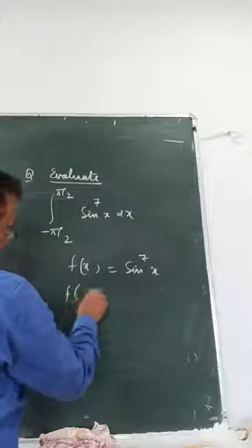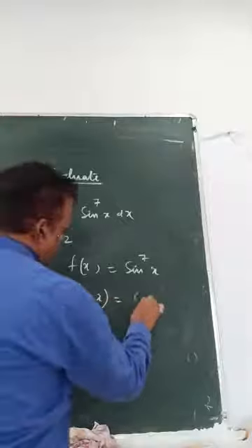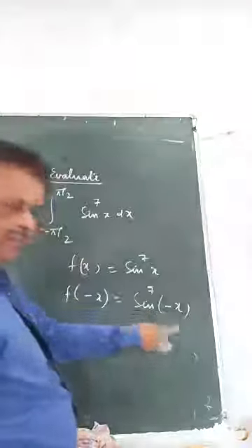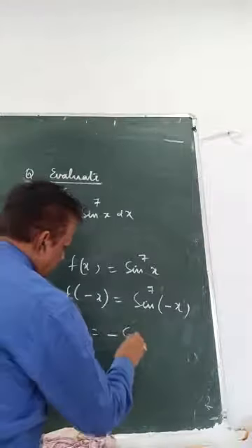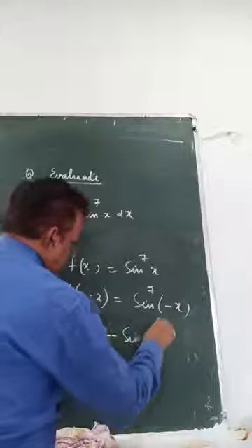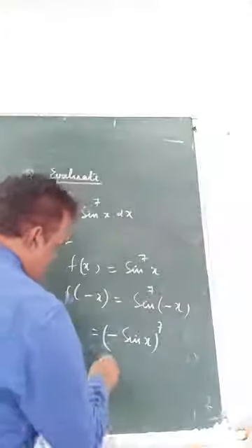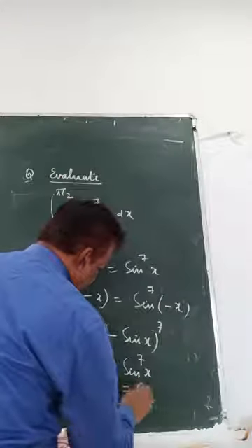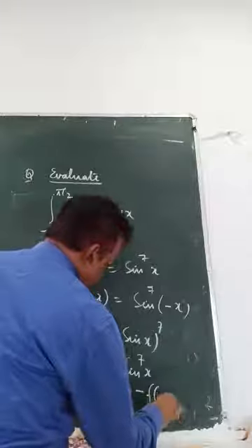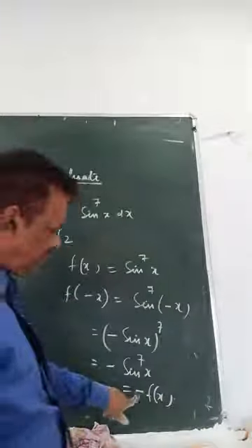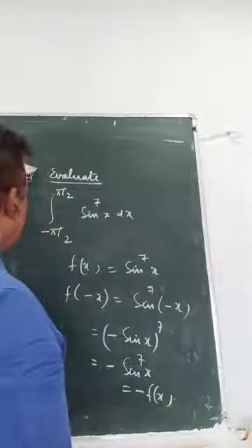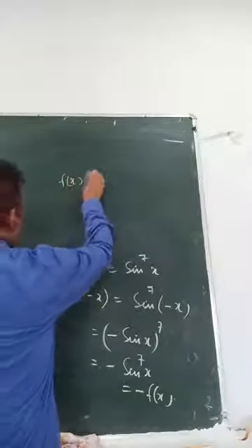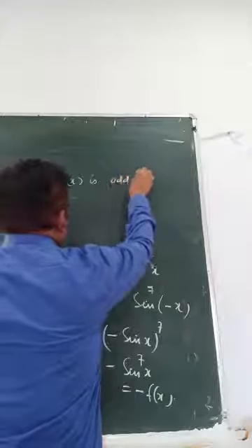What is f of minus x? Sin 7 of minus x, that is minus sin 7x, because an odd power of minus is minus. Means minus f(x). So f of minus x became minus f(x). So you can write f(x) is an odd function.